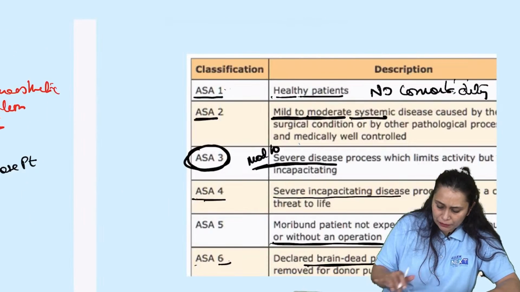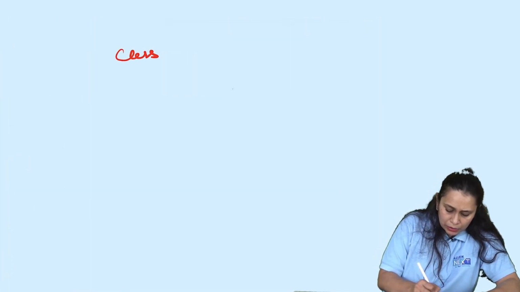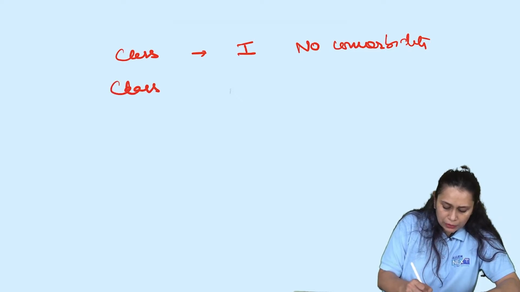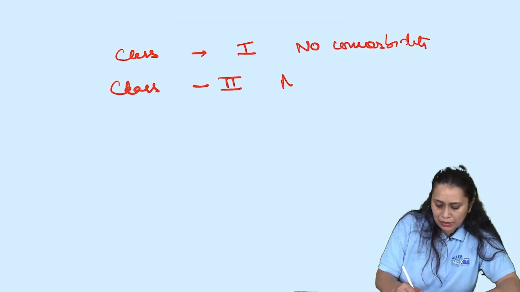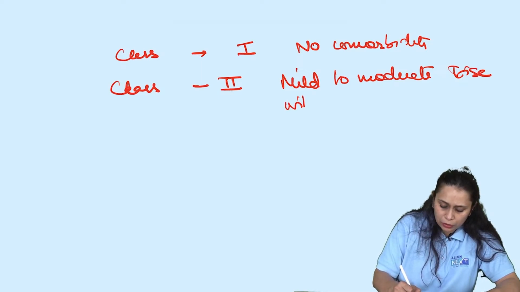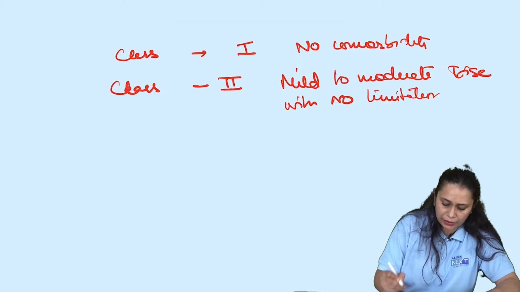Mild, class 1, no comorbidity. Class 2, mild to moderate disease with no limitation, no incapacitation, nothing.